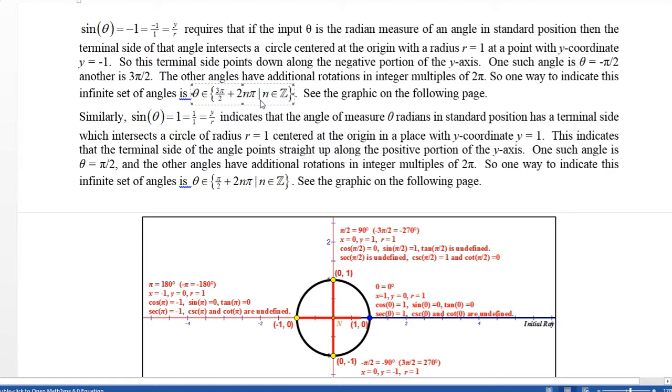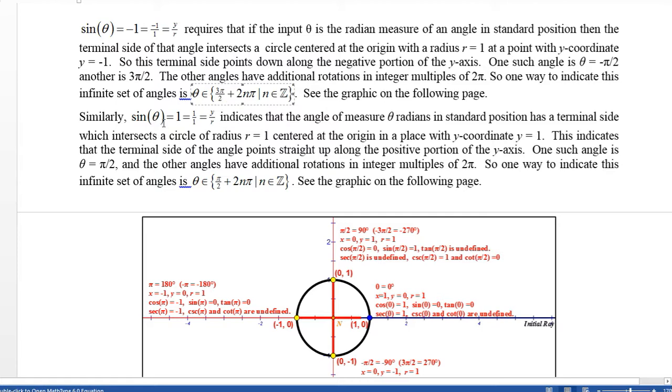The vertical line is such that n is an element of, and that funny looking z is for Zahlen, which is German for the integers. So that's typically the symbol that we use for integers is z. Of course, integers are 0, 1, negative 1, 2, negative 2, 3, negative 3, 4, negative 4, etc. So what we're doing is we're adding or subtracting complete rotations, full circle rotations to our 3 pi over 2.